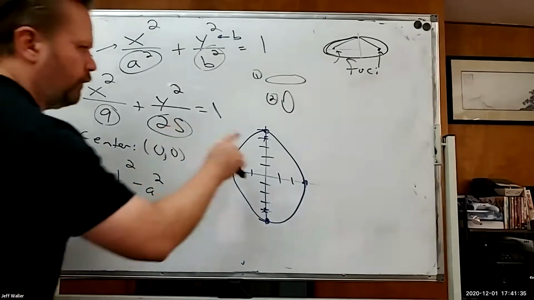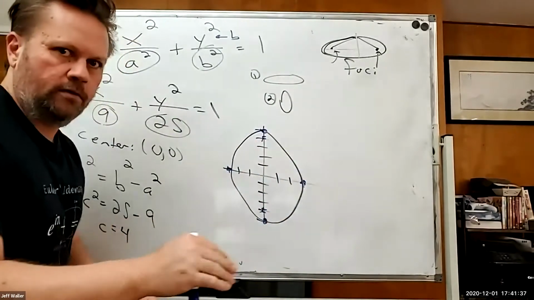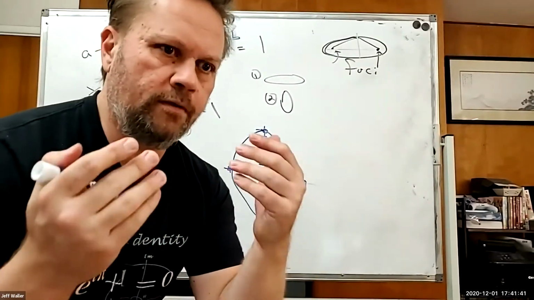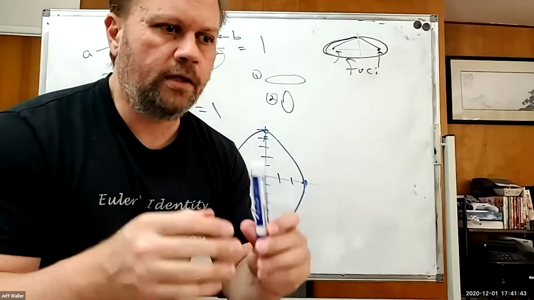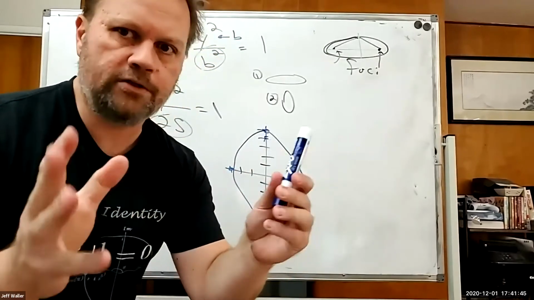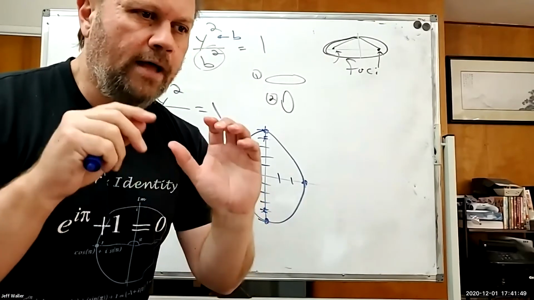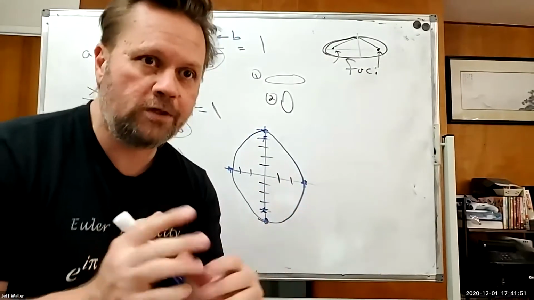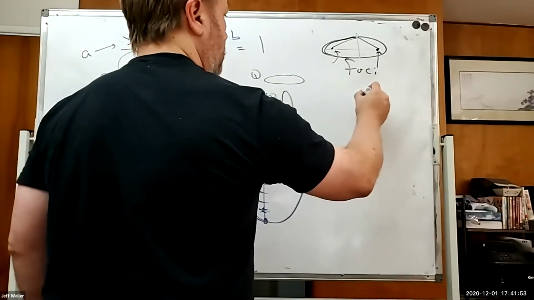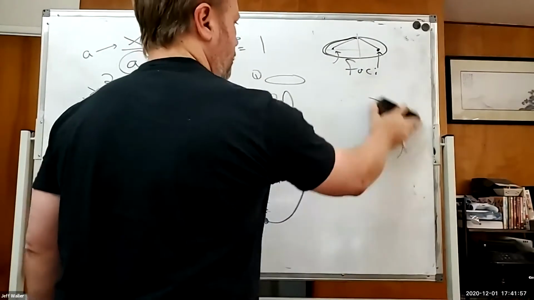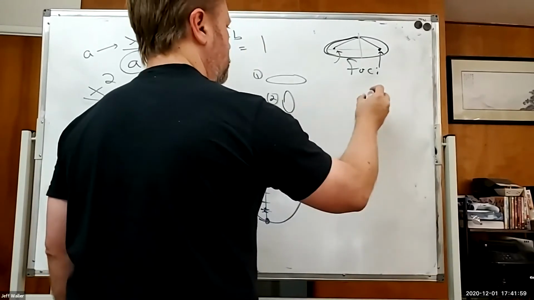So the most famous example of an ellipse with a focus is our solar system. Our planets orbit around the sun. It's not crazy elliptical. It's almost circular, but we do go around the sun in an ellipse. It's very close to a circle, but just make it pronounced.